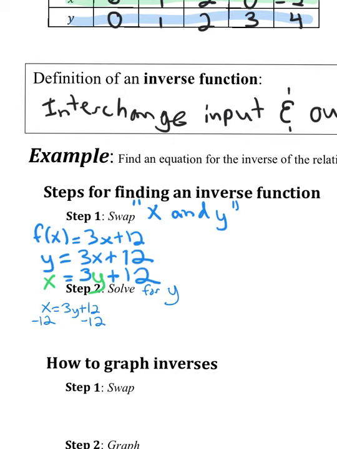I'm going to subtract 12 from both sides. I'm going to get x minus 12 equals 3y. And then I'm going to divide both sides by 3 because I have 3 times y. And I'm going to end up with y equals x minus 12 over 3.